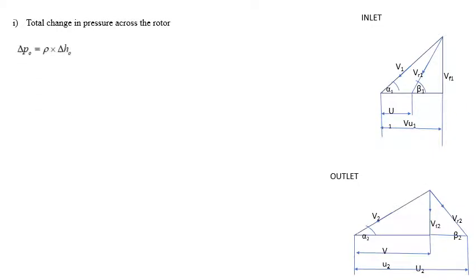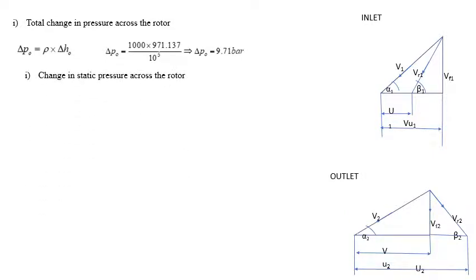The total change in pressure across the rotor is given by the expression delta P naught is equal to rho into delta H naught. Then the solution, the change in pressure across the rotor is 9.71 bar.